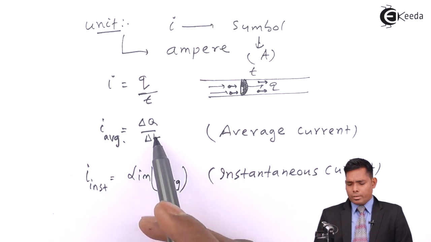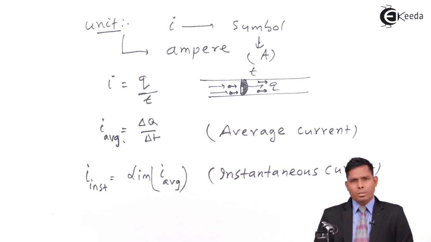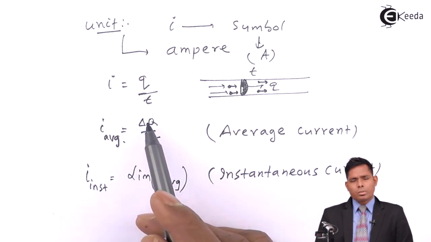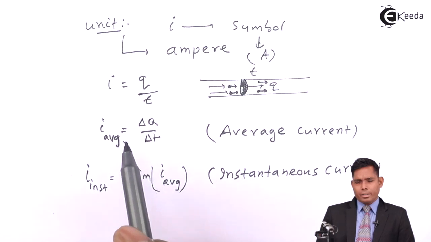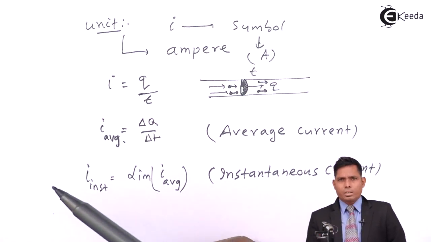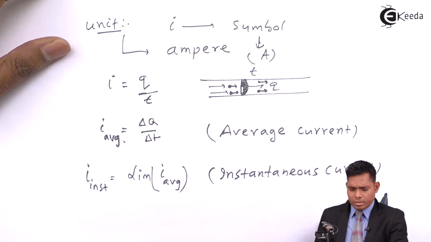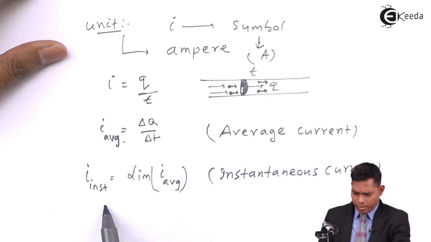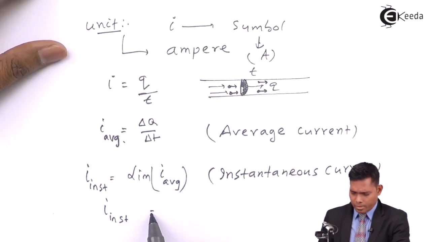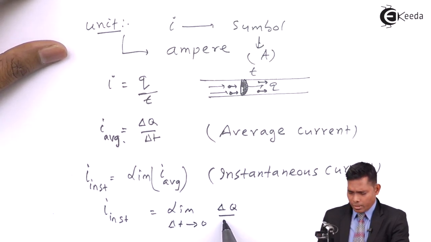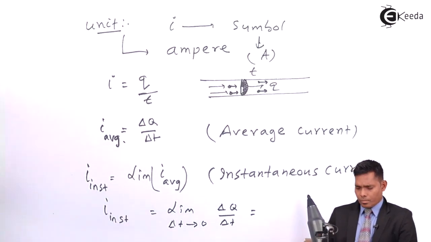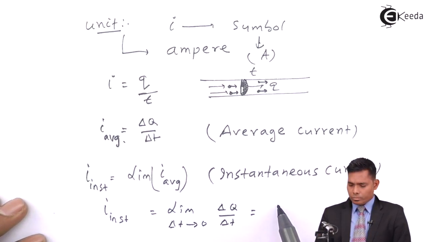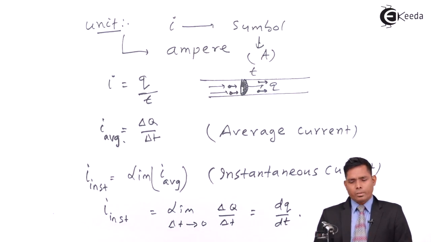If I make this time smaller and smaller, then the amount of charge flowing through will be smaller and smaller. Then I can say at a given instant how much charge is flowing. That is the instantaneous current. So I can write I instantaneous as limit delta t tends to 0, delta q by delta t, which equals dq by dt.